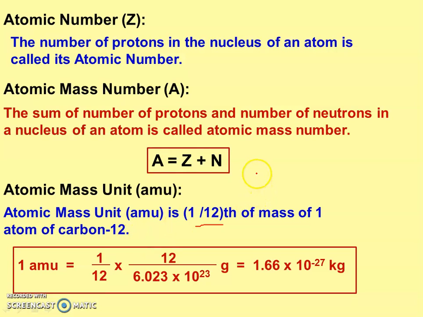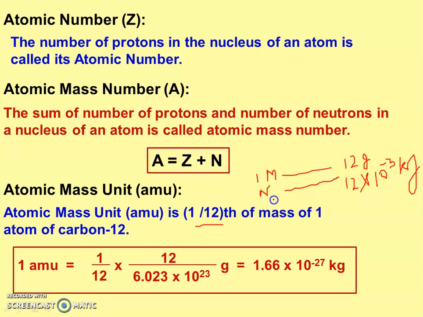Now, see, 1 mole of carbon has a mass of 12 gram. So, it means N carbon atoms have a mass of 12 gram. It may be written as 12 into 10 to the power minus 3 kg. We are converting this gram into kg. So, N carbon atoms have mass 12 into 10 to the power minus 3.